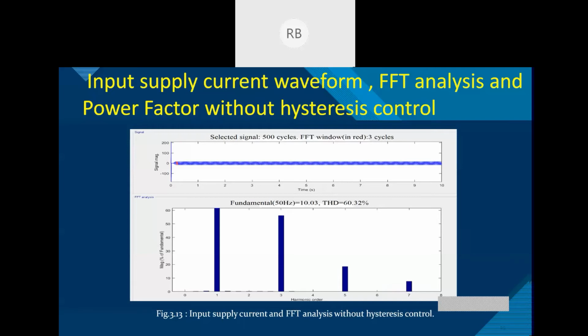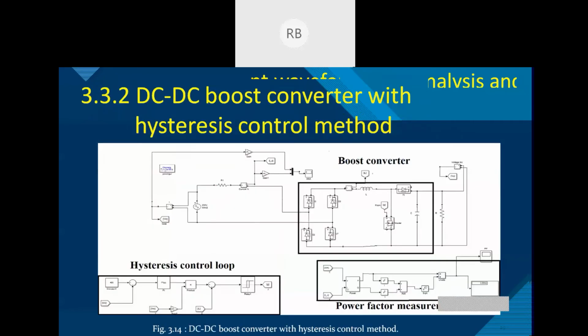And on the next slide we can see the boost converter block diagram. We can see the boost converter with the hysteresis control method. Here the hysteresis control loop is used, where the voltage reference is taken as 400 volts for the output, and along with it we can see the hysteresis band named relay 1.